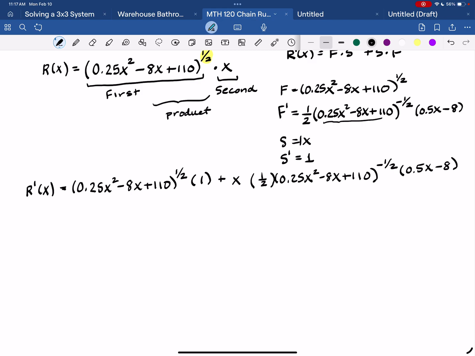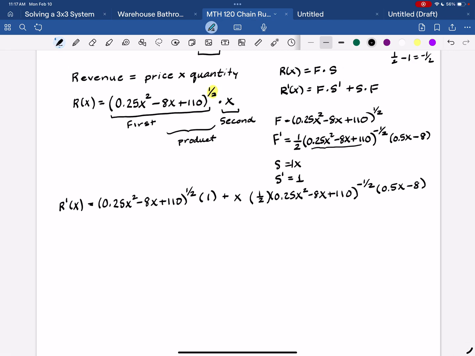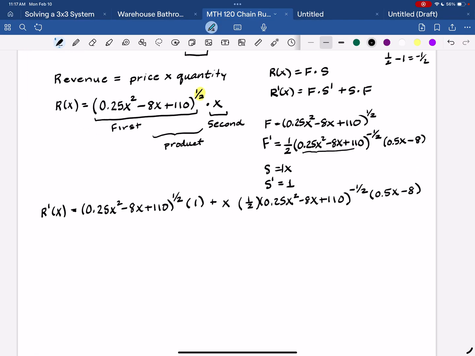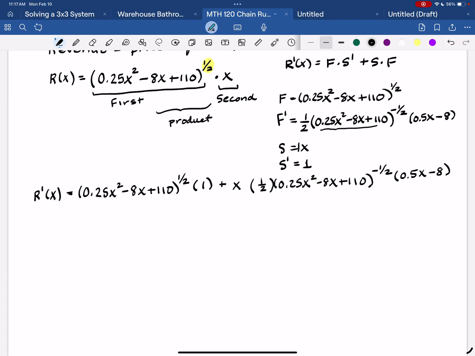That's okay. All we're supposed to do now is plug in 12 for x. Now I'm going to convert back all of my 1/2s to square roots, and when I get over here to this one, I'm going to recognize that that means put the square root in the denominator.